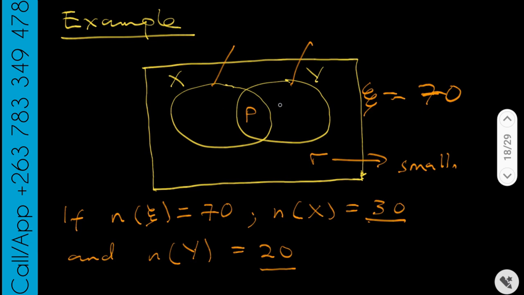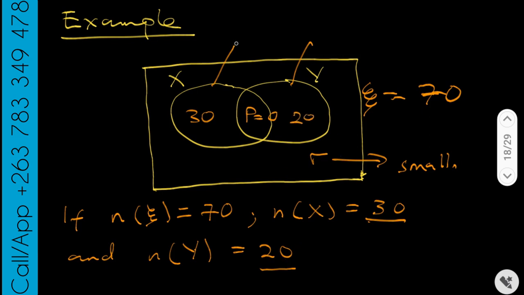Now, how do you get a large number here? You get a large number here when the two sets X and Y are actually separate. If set X and set Y are not sharing any elements, in other words, if P is 0, if there's nothing in the intersection region, then you get the maximum value. Because if P is 0, it means of the total 30 inside set X, the entire 30 is here. Of the total 20 inside set Y, the entire 20 is there.